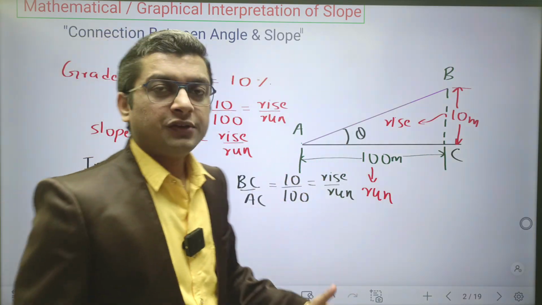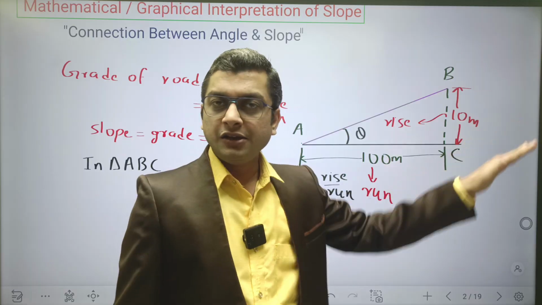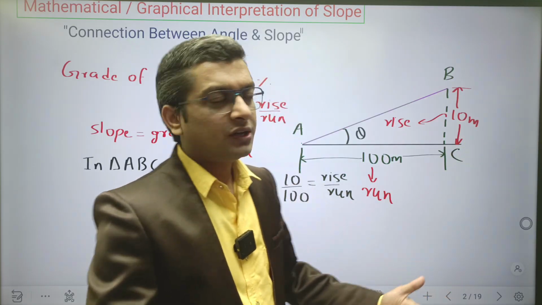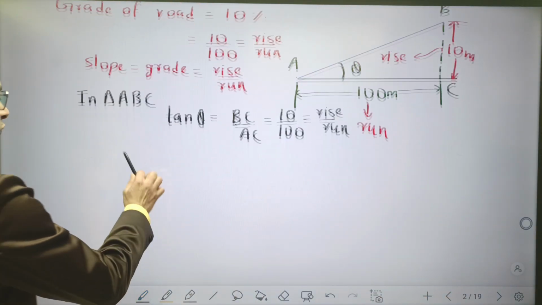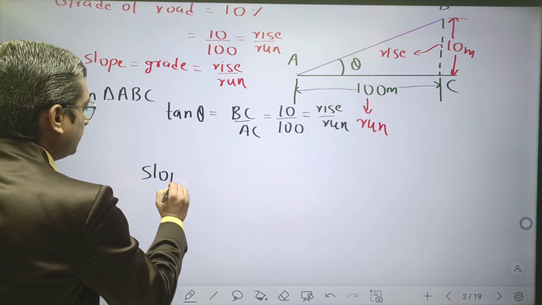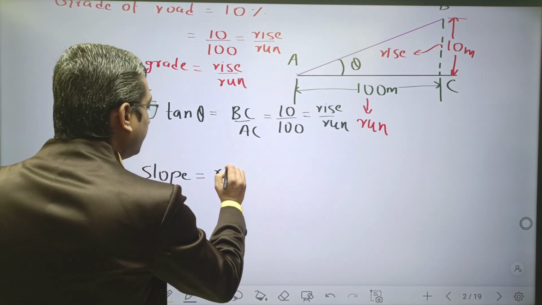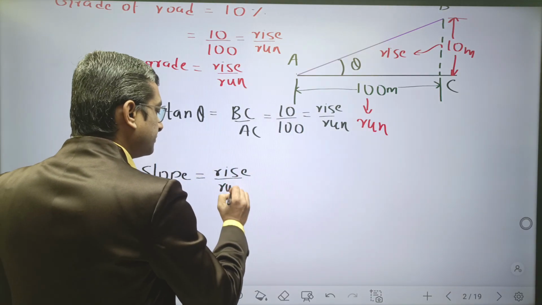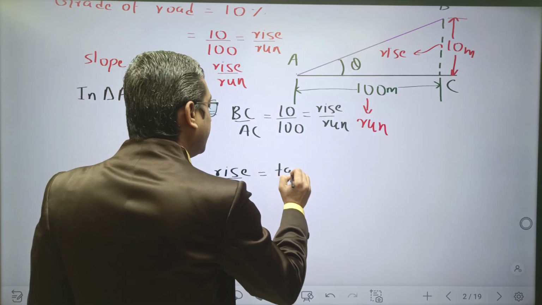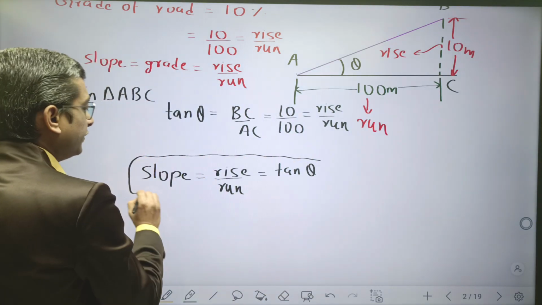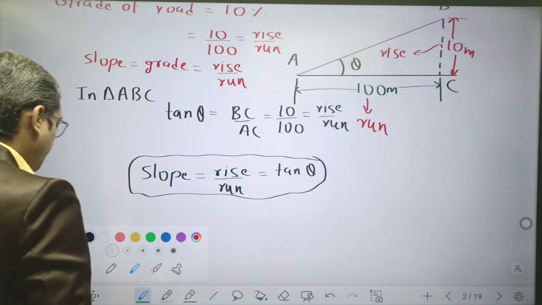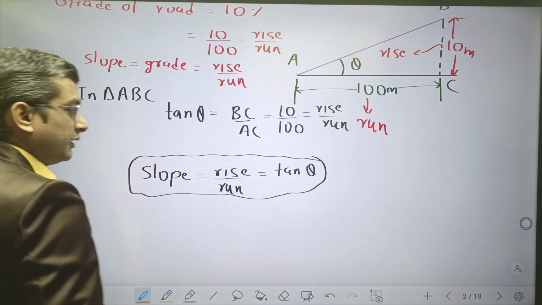And this grade of the road plays a very important role while designing any road, any flyover and something like that. So what is slope? The very important point is slope is definitely rise by run, and this is given by tan theta. So this is very important, dear students. Slope is rise by run and this is given by tan theta.